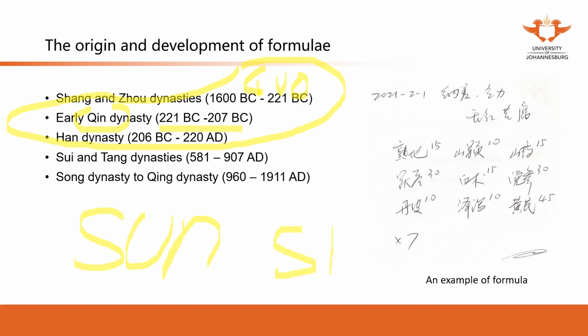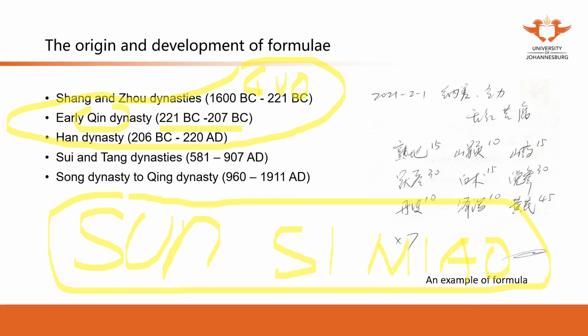Sun Simiao compiled the formula books in the Sui and Tang dynasties. In the books that Dr. Sun Simiao compiled, you can see some herbal medicines and the titles of some formulas.